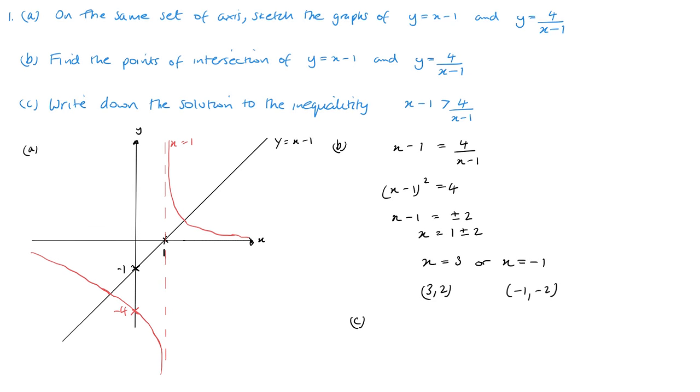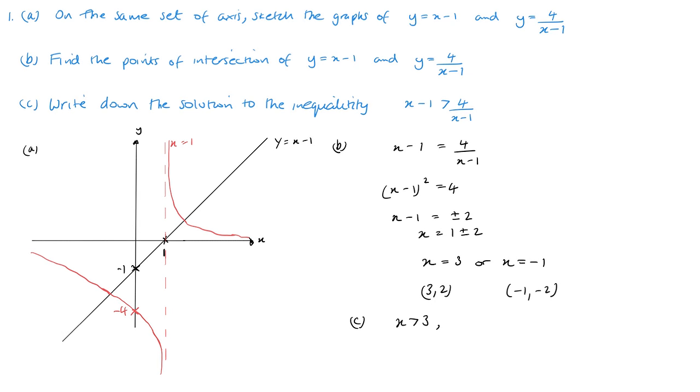Now on to part C, the solutions. So we want when our linear graph is greater than our reciprocal graph. So from this point of intersection to the right, it is greater than. So x is greater than 3, and that point of intersection there is 3. So that one works.